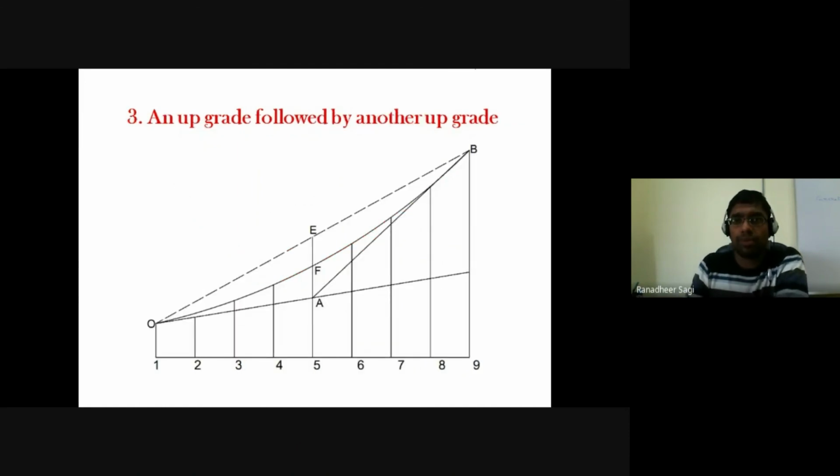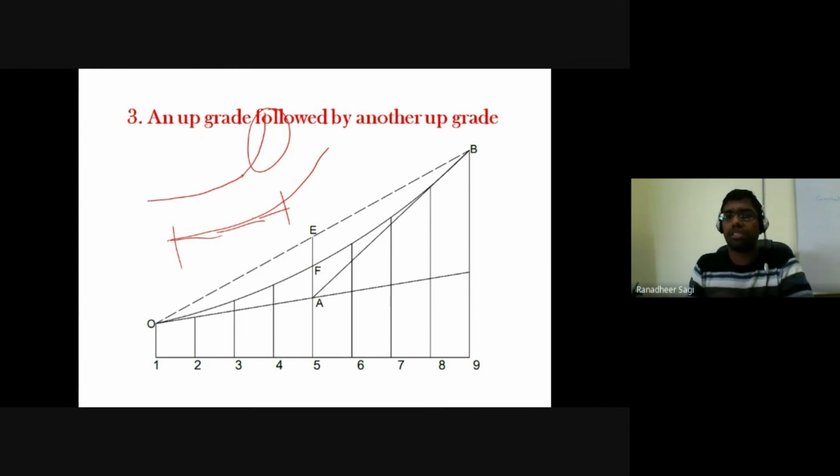And the other type is an upgrade followed by another upgrade. If you see here, this is how my curve is changing, and the curvature of the curve is changing like this. I don't mean the road goes vertically upward, I'm just indicating it to give an idea.